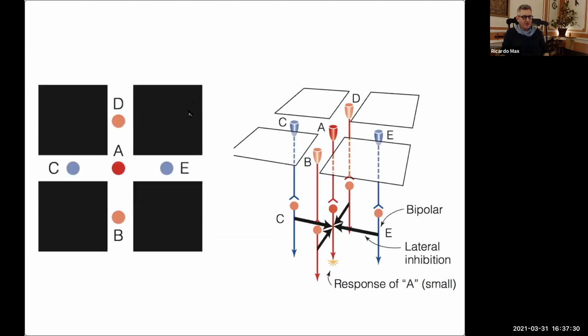So it happens because these guys here are being laterally inhibited by the largest number of neighbors with the largest amount of light. So in this case, from 4 highly activated neighbors.